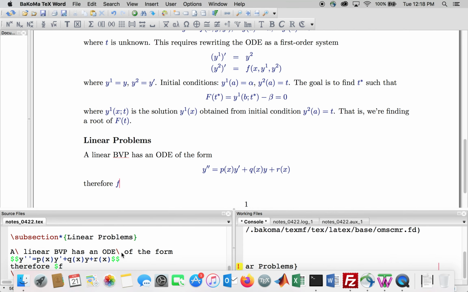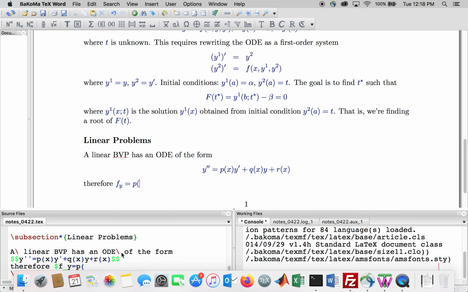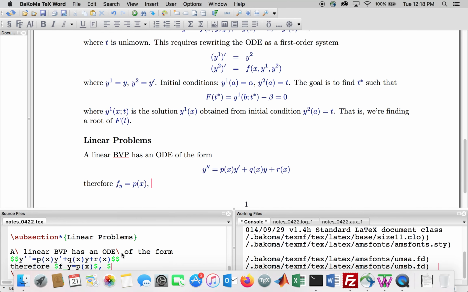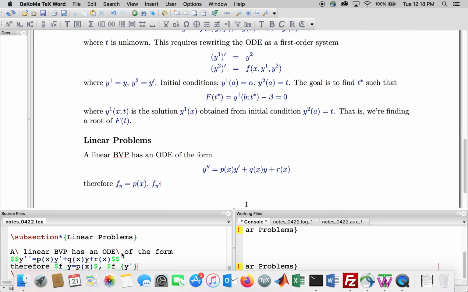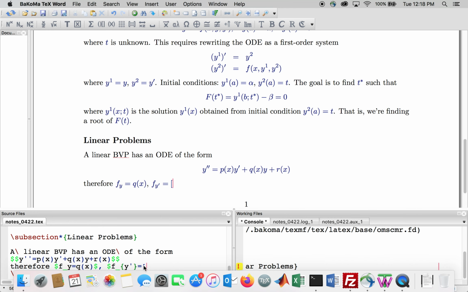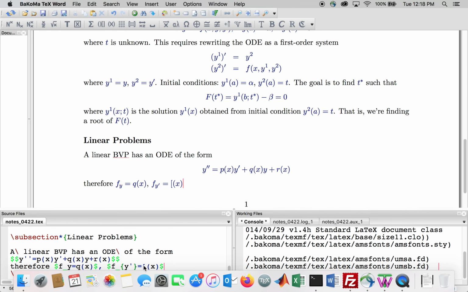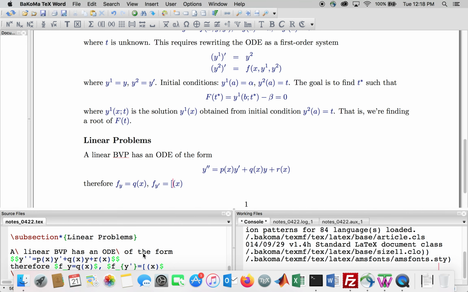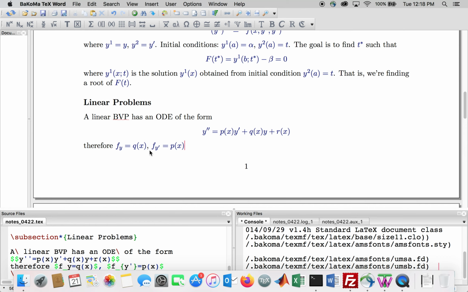So what happens is df dy is equal to q, and df dy prime is equal to p. We're able to determine those partial derivatives of f very easily.